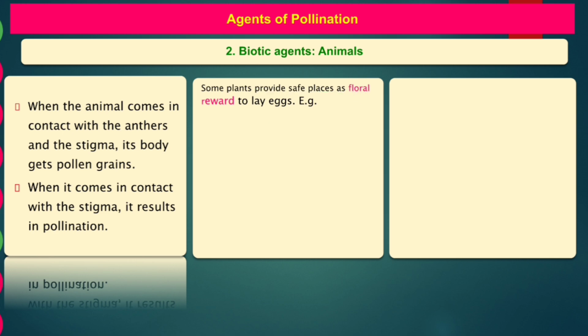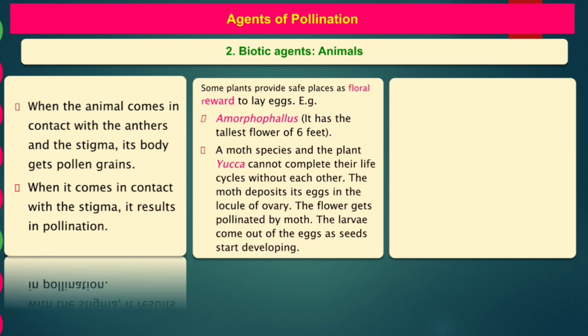For example, one example given in your NCERT is Amorphophallus. It is the biggest flower, about 6 feet tall. Another very good example is yucca, with its relationship between yucca and moth. How are the yucca and moth benefited? They are mutually benefited.